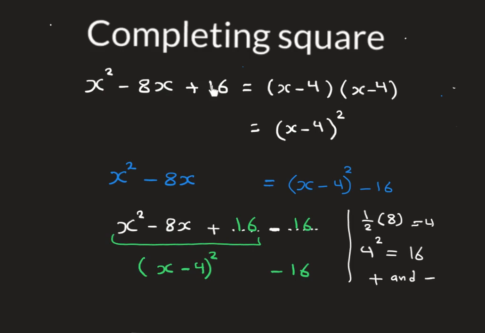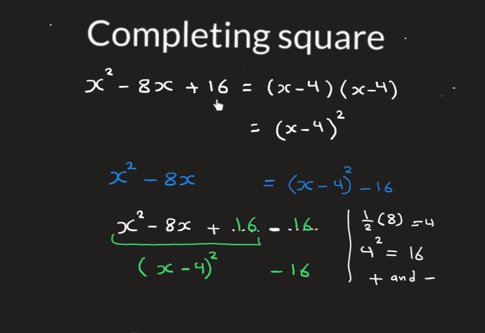If we factorize this trinomial, we need two numbers which multiply to give 16 and add to give negative 8. So negative 4 and negative 4. So (x minus 4) times (x minus 4), so (x minus 4) squared. So this trinomial equals (x minus 4) squared. This is standard form, and this is vertex form.